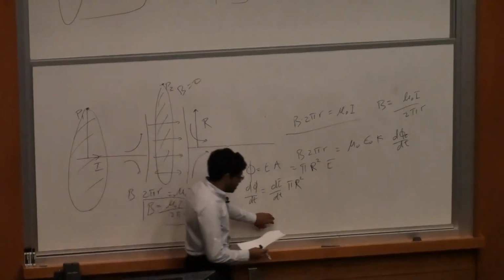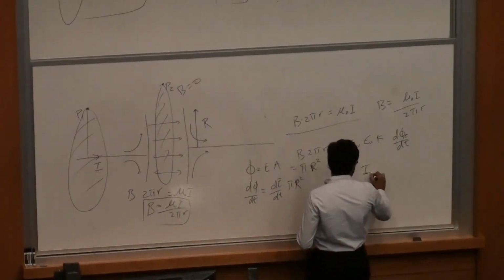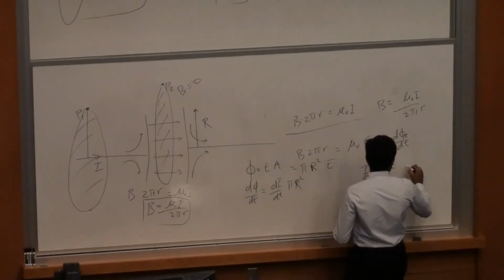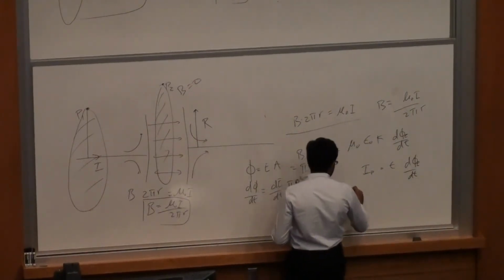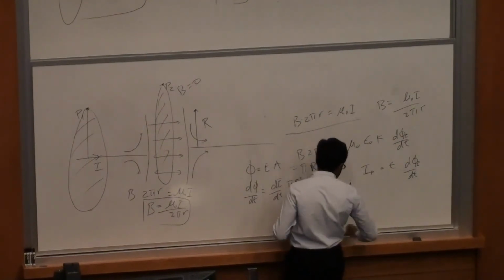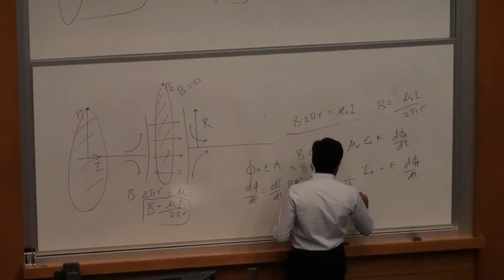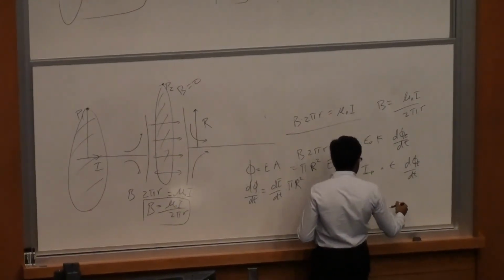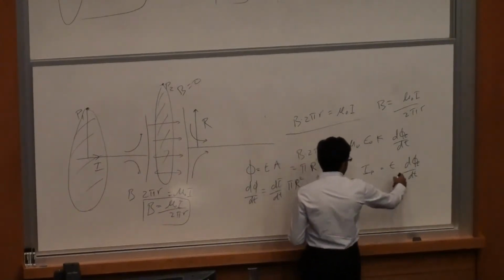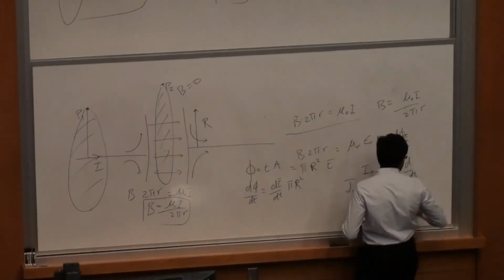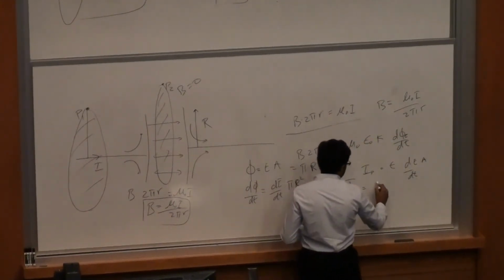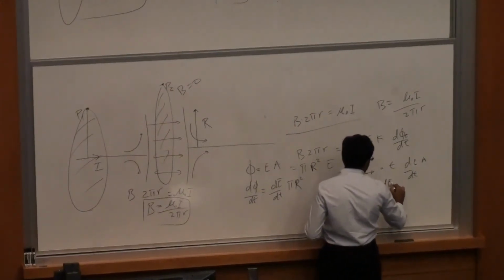Now, to get what dE dt is, we know that my displacement current is given by epsilon d phi E dt, right? And I know that my displacement current density, J, is basically that divided by the area. If I divide by area, A is a constant, so I would simply get epsilon dE over dt.